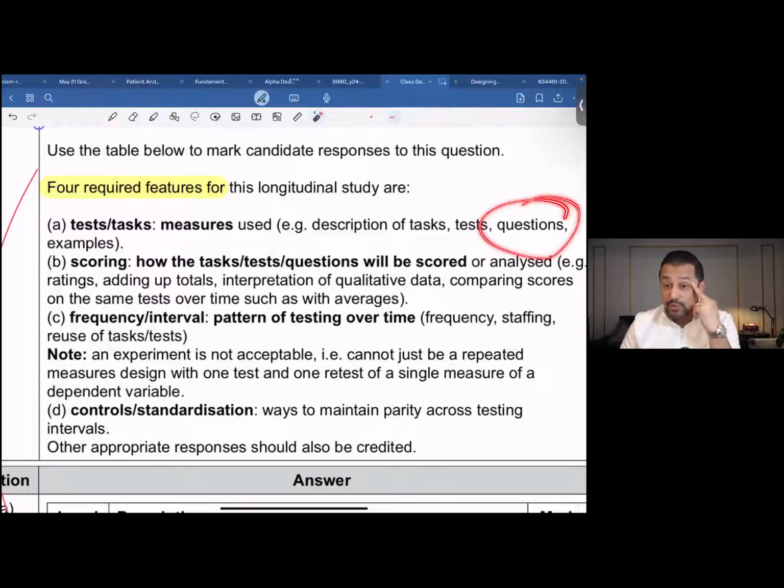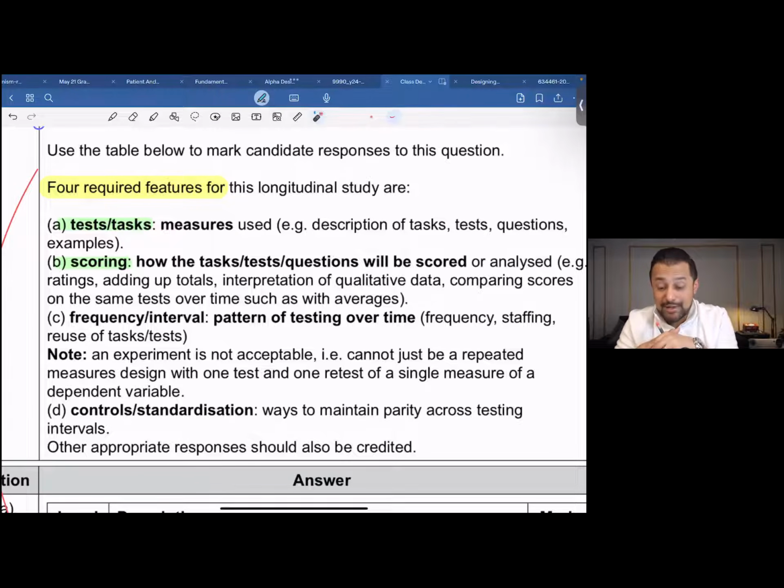And of course, if you're using questionnaires, you'll have to give examples. I'd explain this to you while I'd be explaining the response for the specimen question paper. Number two, scoring. Scoring should not be ignored either. How the tasks, the tests, or the questions will be scored.